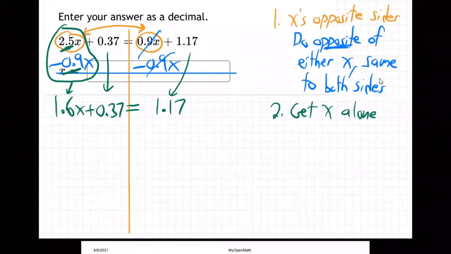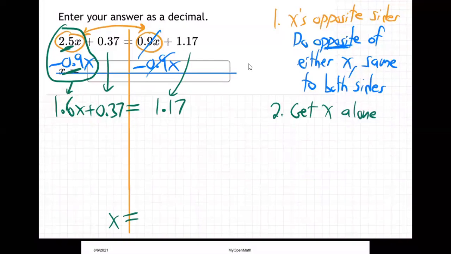So you start, remember, you save the number that's right next to x for last. You get rid of that by dividing at the very end, right? Getting the hang of this, we always save the number right next to x for the end, for the last.